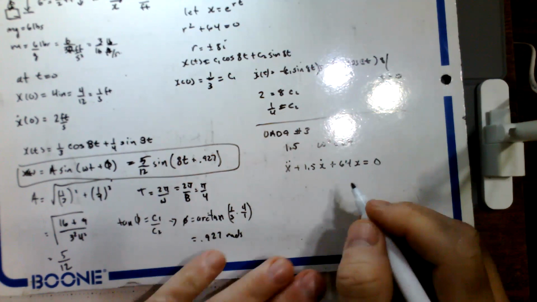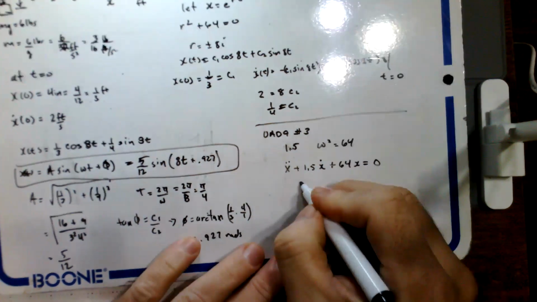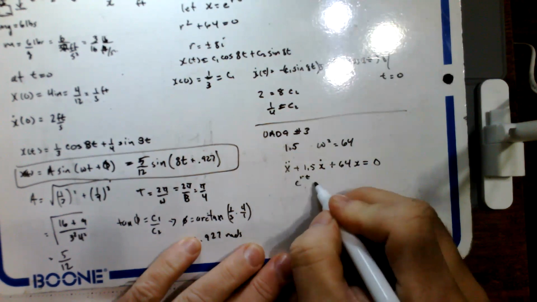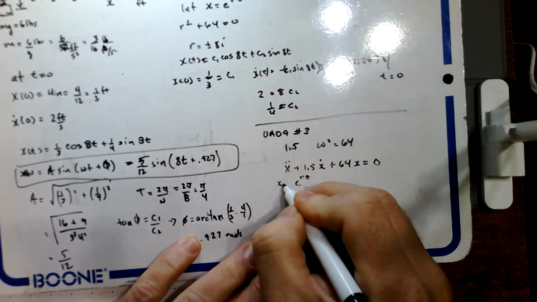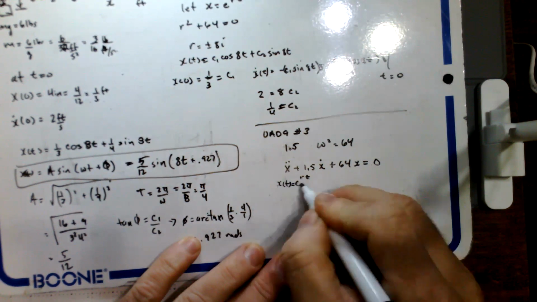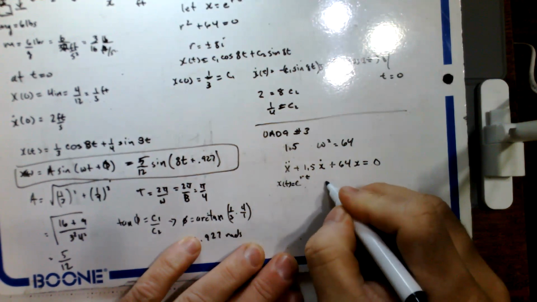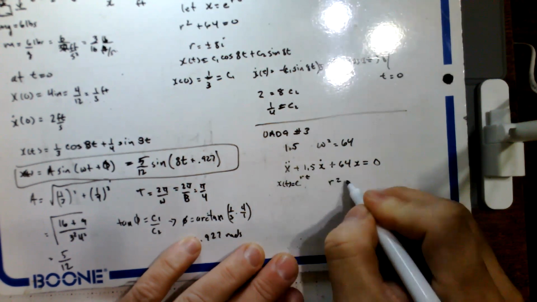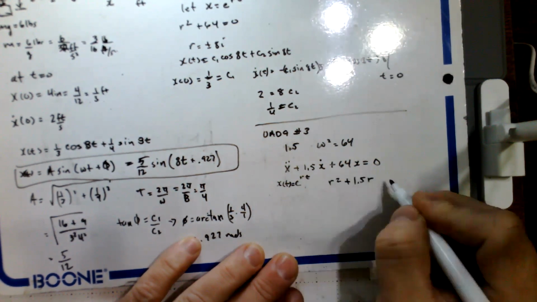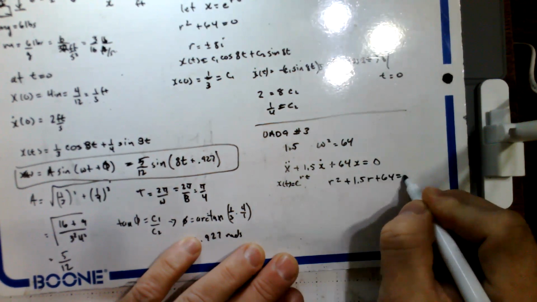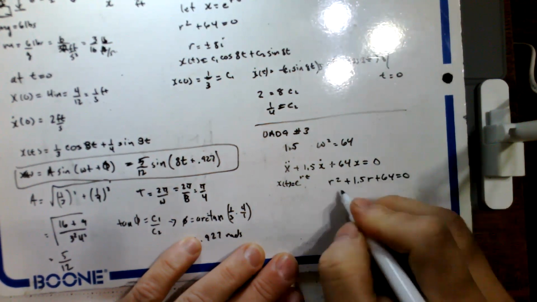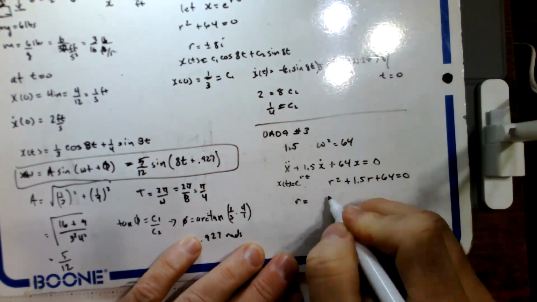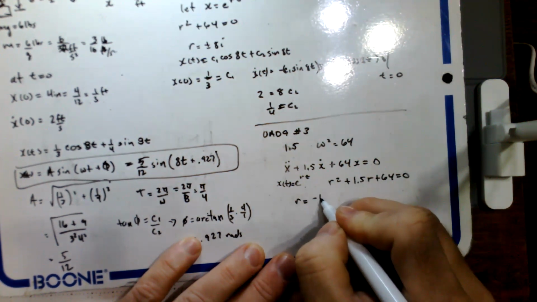Since it is a homogeneous equation with constant coefficients, we can use a solution of the form x of t is equal to e to the rt. If we plug that in, we get the characteristic equation r squared plus 1.5r plus 64 equals 0. If we solve this using the quadratic formula, we get r equal to negative 1.5.